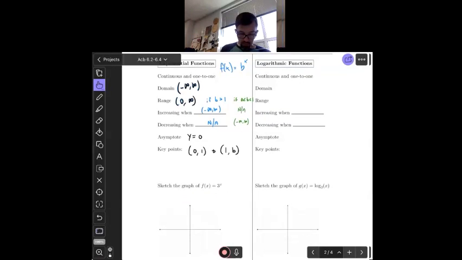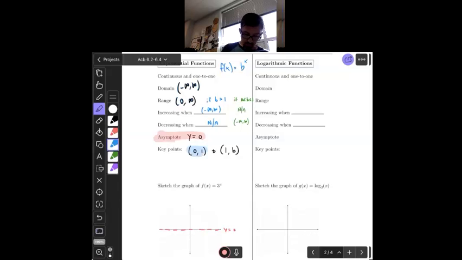If we take that information and graph this real quick, we have our asymptote, y equals 0, and these points: 0, 1.